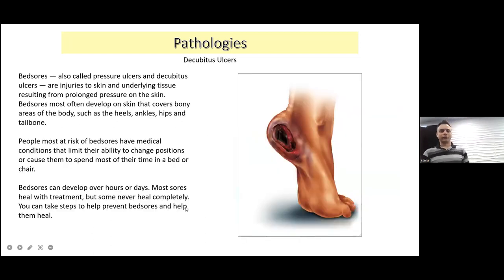Decubitus ulcers, also known as bed sores or pressure sores, are where, let's say you've laid on a spot of your body long enough that blood flow has ceased to the point where necrosis is setting in and tissue is starting to die, and now you're getting sores and dying, decaying tissue.